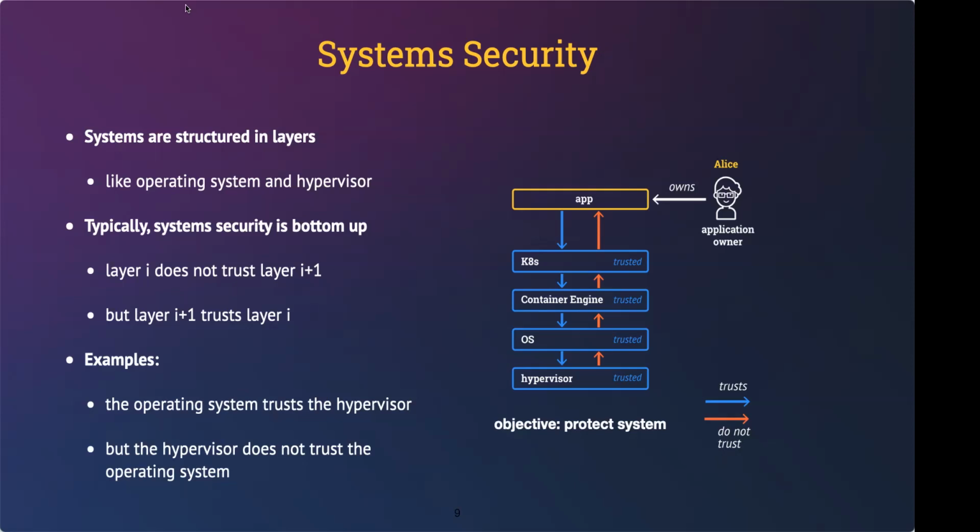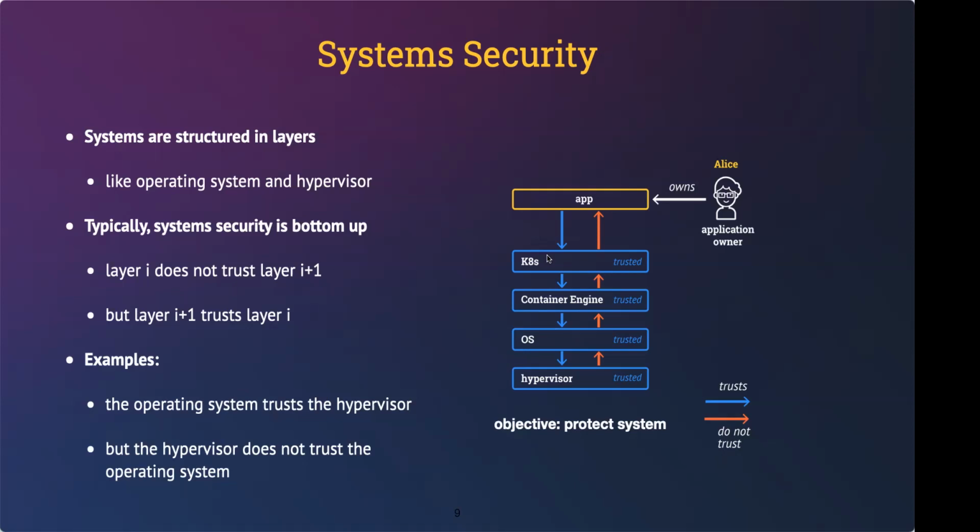And typically, we have a layered infrastructure. On the bottom, we might have a hypervisor. The hypervisor is trusted by the operating system that runs inside the virtual machine, but the hypervisor doesn't trust the virtual machine, because that might be under the control of some other entity, some other stakeholder. Inside the VM, there might be a container engine that might not be trusted by the OS, but the container engine has to trust the OS.